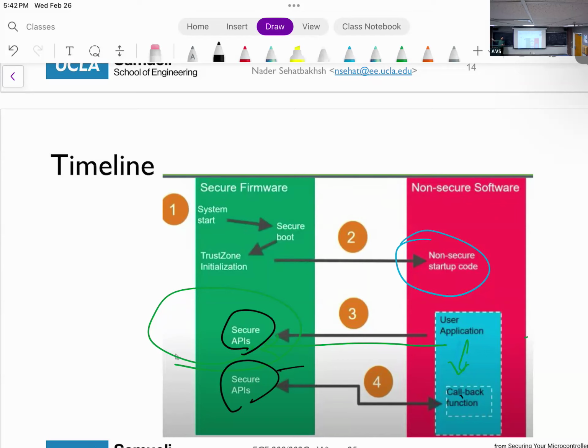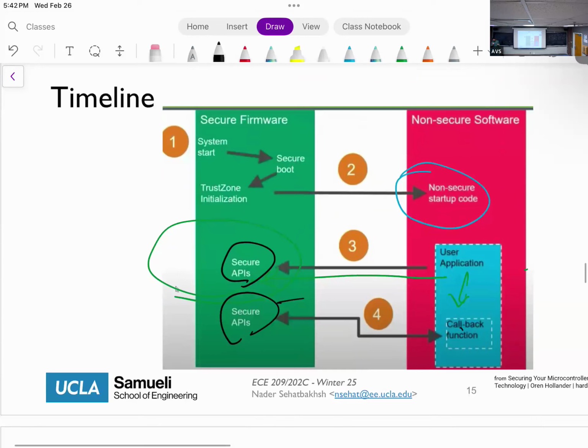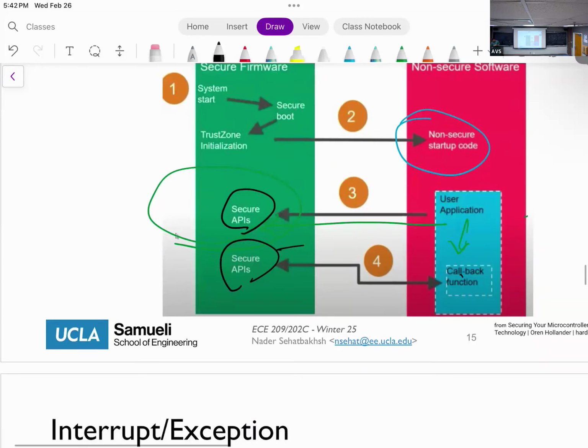Just keep in mind that when we are relying on the non-secure world, it may or may not work. So your design cannot rely on things running correctly in the non-secure world, because you're assuming that the OS is compromised. The moment you leave the secure world, you cannot trust what's going on in the system. That's also the kind of trade-off that you need to deal with.